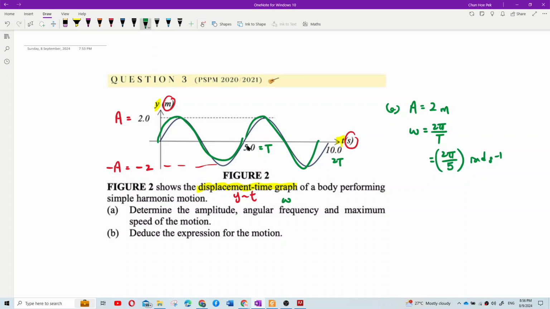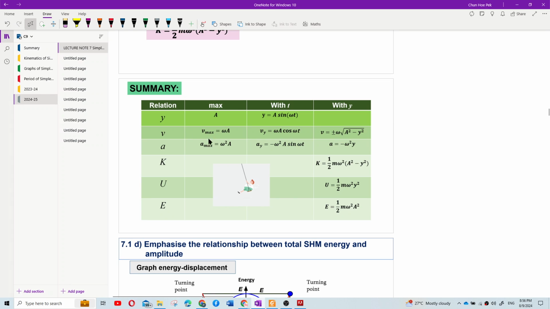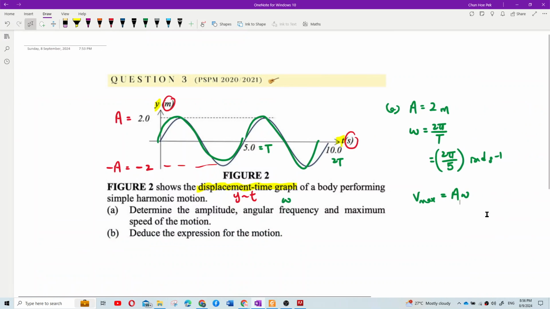Okay, and then for maximum speed, V maximum. What's the formula? A omega. Look here: Y maximum is A, the amplitude; V maximum is A omega; A maximum is A omega square. So V maximum is A omega.